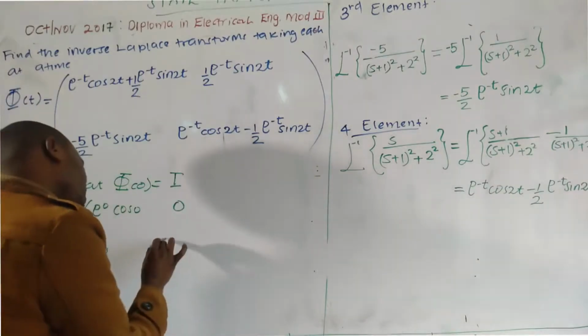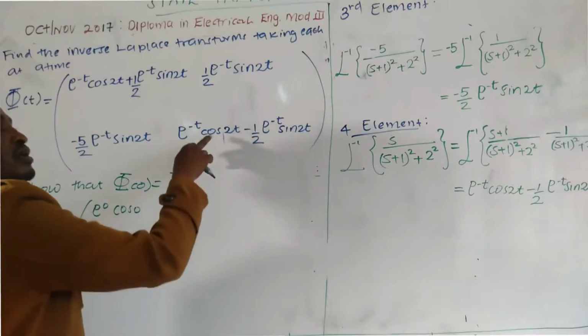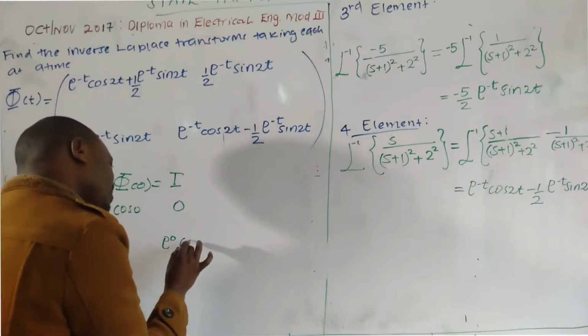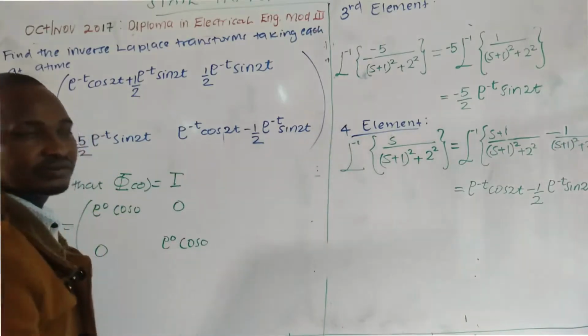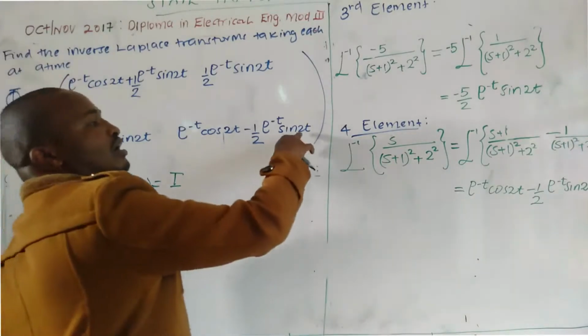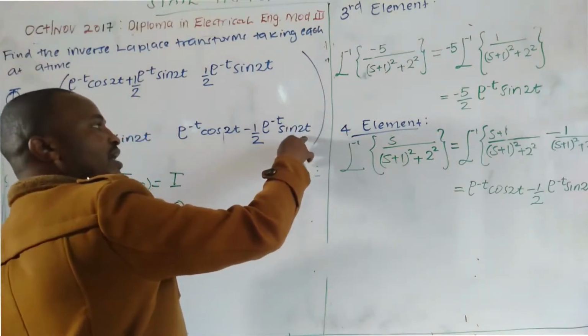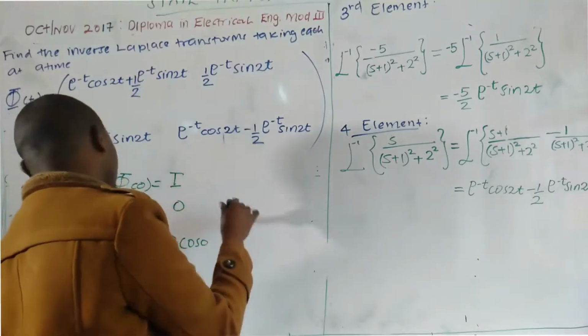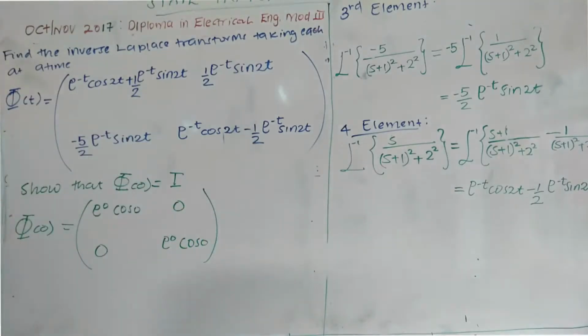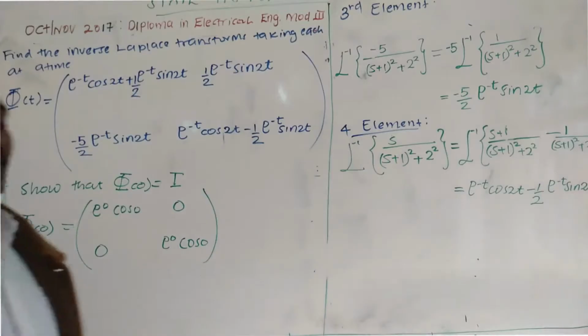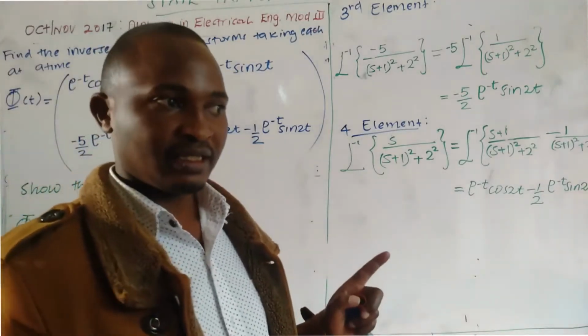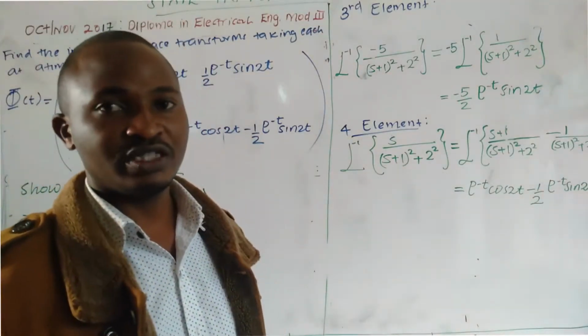Exponential 0 is 1, and sine of 0 is 0, so if you multiply up to here, it will be 0. You can forget about that. It's very important for you to know what becomes 0 when you apply t equal to 0 and what does not reduce to 0.